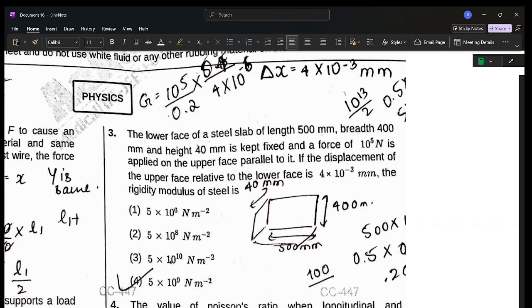So, right, we got it. So it is displacement by height. Displacement is 4 into 10 power minus 3. Height is 40. Wait. Something is more confusing because now I will not be able to get the answer if I use this method. So let me check where it went wrong.